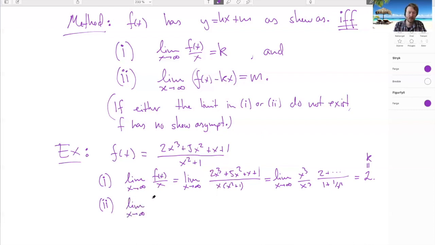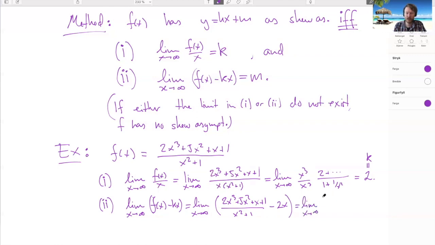So how do we do this? The limit as x tends toward infinity, and then we do f of x minus kx, which in this case was 2x. So this is the limit as x tends towards infinity of f of x minus 2x. Now I have to play a little bit with algebra here. I need to put everything on a common denominator. Let's see if I have the room.